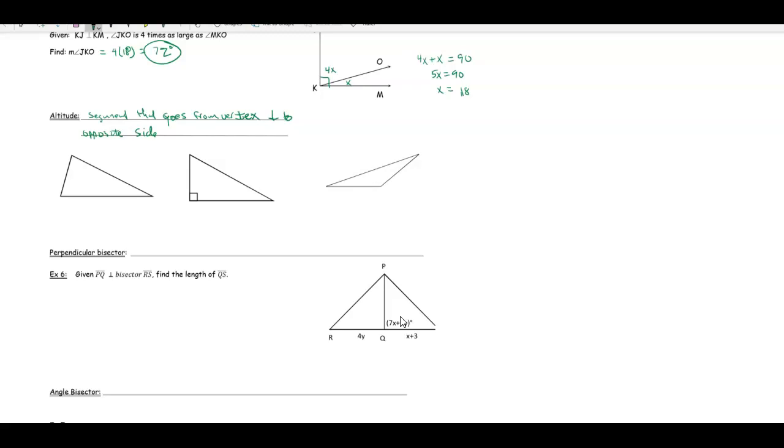Okay, so when I look here, every single triangle could have 3 altitudes.